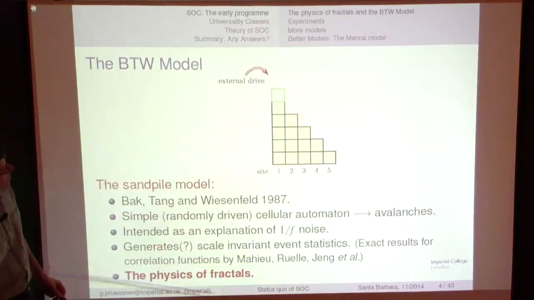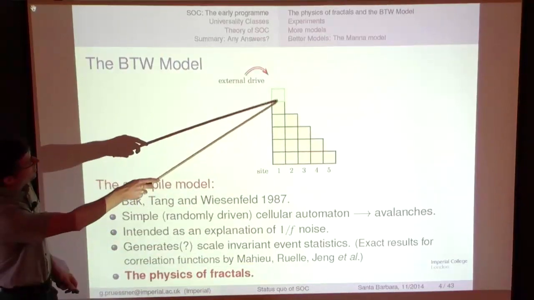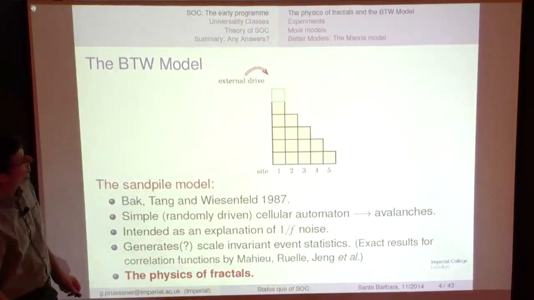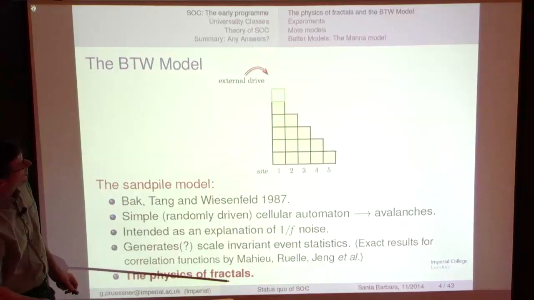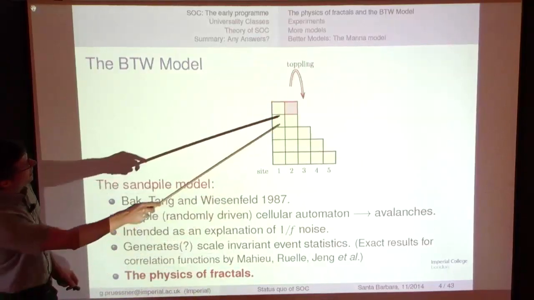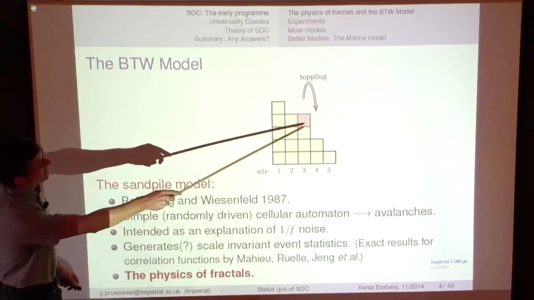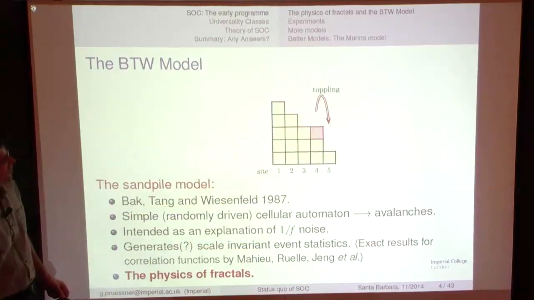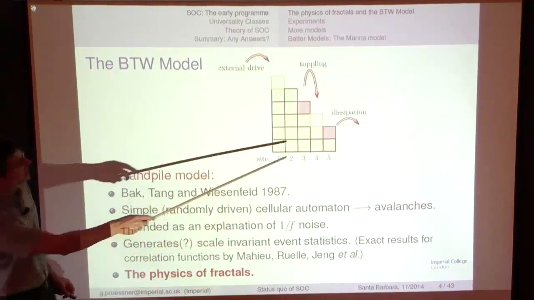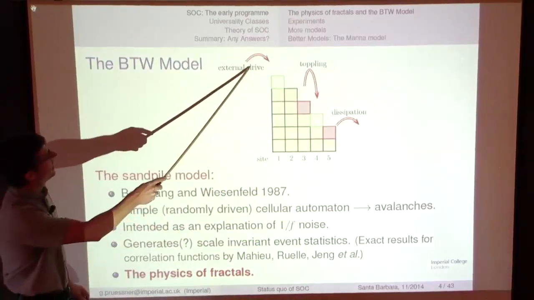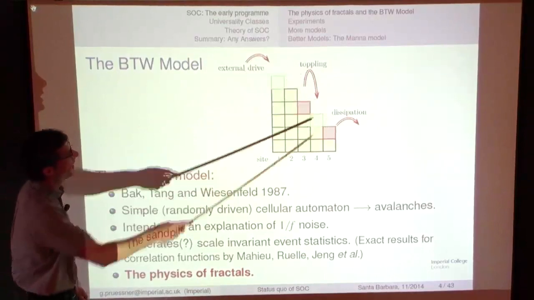So there's a toppling happening because the threshold here is 1, and this height difference exceeds the threshold of 1. So one particle is moved to the right, and now the threshold is exceeded at this column. This particle is then moved again to the right, and it rolls through the entire system until it's dissipated at the very end. So you've got the three key ingredients: external drive, internal toppling, and dissipation.